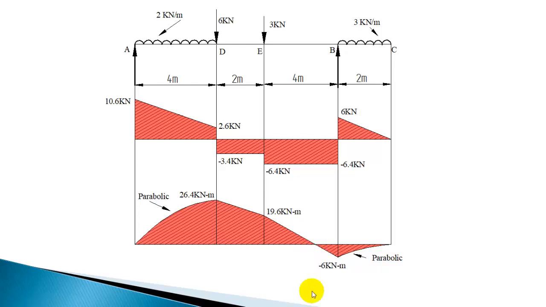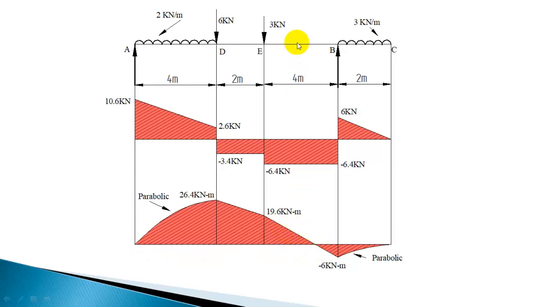If the question asks to locate the point of contraflexure, you need to find the distance from either the left end or the right end, and mention that the distance from the left end is so much. So to locate this distance, first identify which section contains the point of contraflexure.